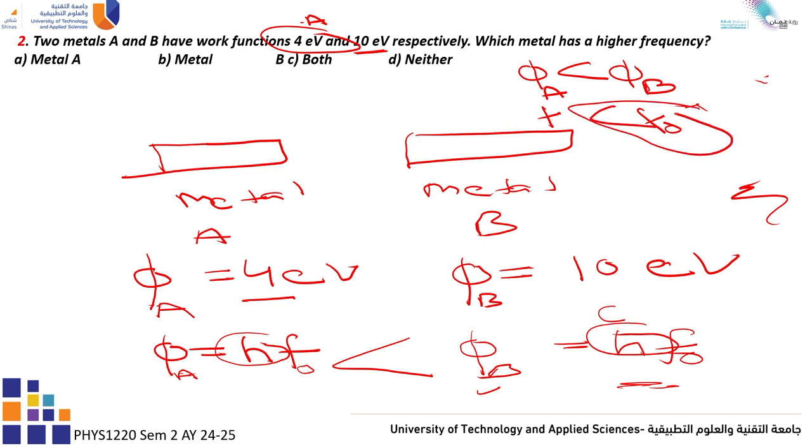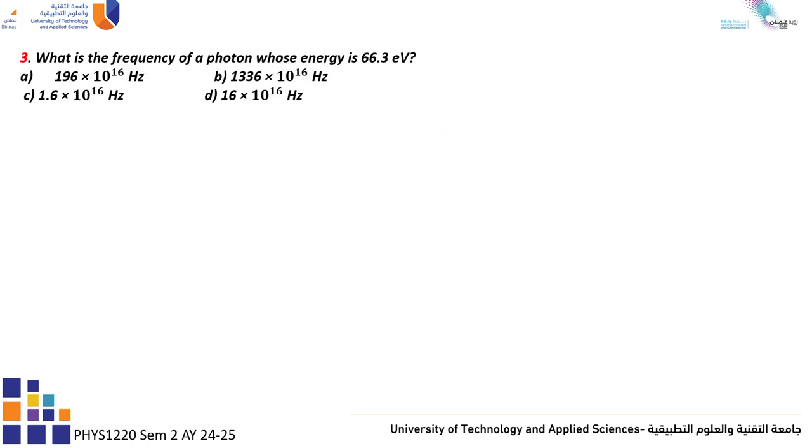They are asking which metal has a higher frequency, the metal A, the metal B, both, or neither. So here the answer is the metal B. This option is the correct option here.